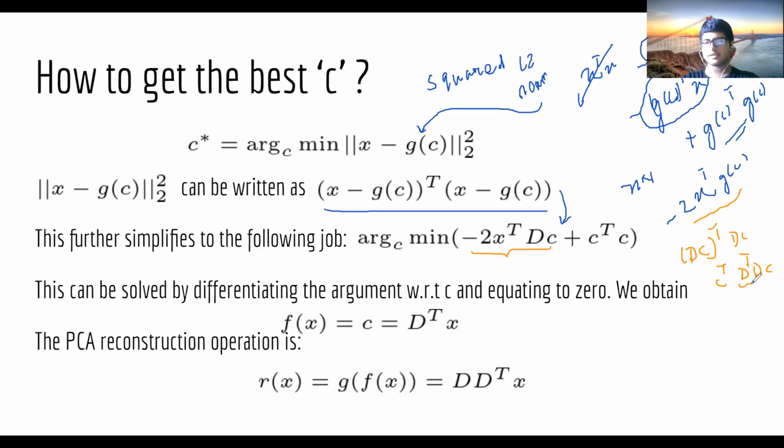Now this D transpose D is going to be the identity matrix, so this is c transpose c finally, because every column of D has unit norm and is orthogonal to every other column. Clear? So that is what we obtain here. We have to minimize over c: minus 2 x transpose Dc plus c transpose c.